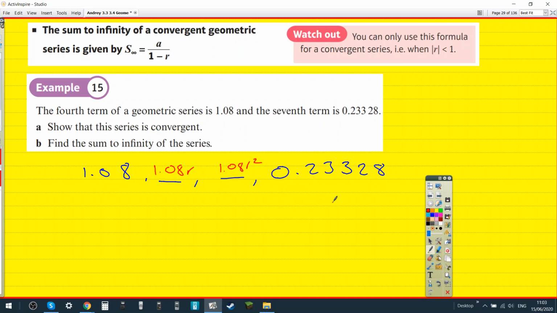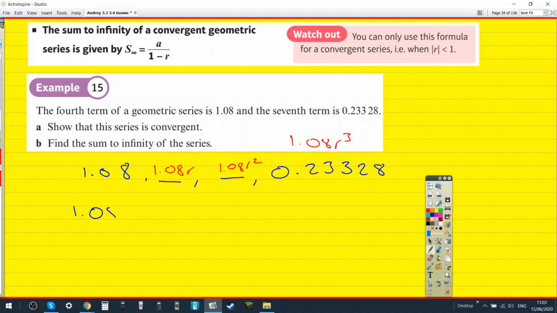And so what's next? Would it be like 1.08 times r equals 1.08 r? What I would do is, what would be the third one? Would it be like 1.08 r squared times r equals 0.23328? Yeah. What is r squared times r? r cubed? Yeah.